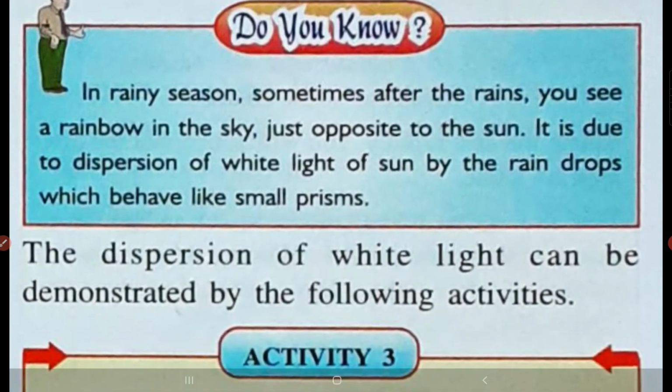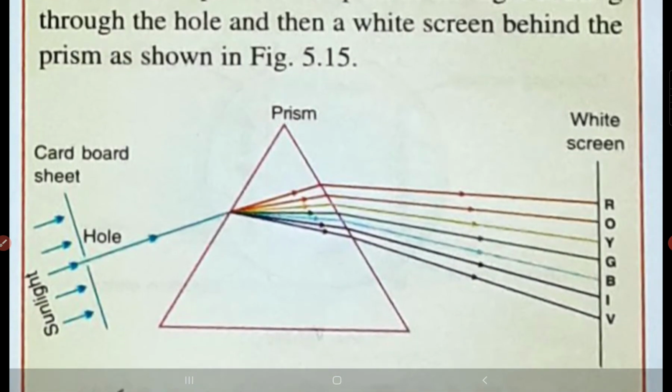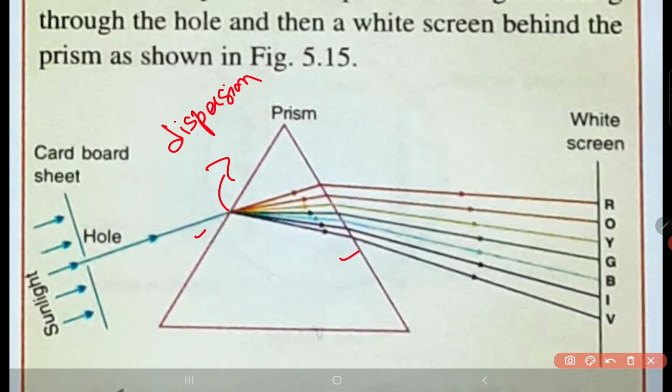We are not going into detail, just see the figure here. Whenever white light strikes the prism, dispersion takes place on the first surface only, and on the second surface further splitting of these colors takes place due to refraction.